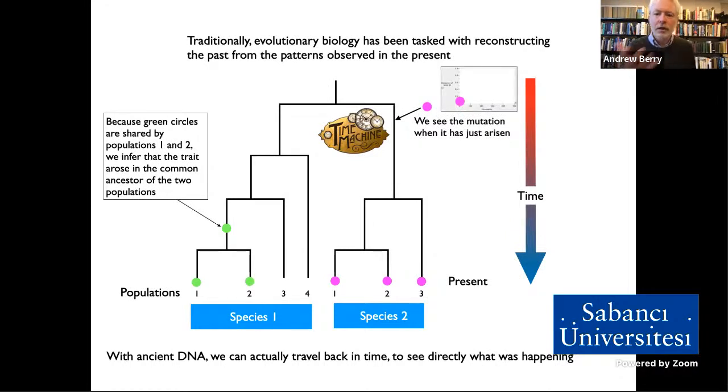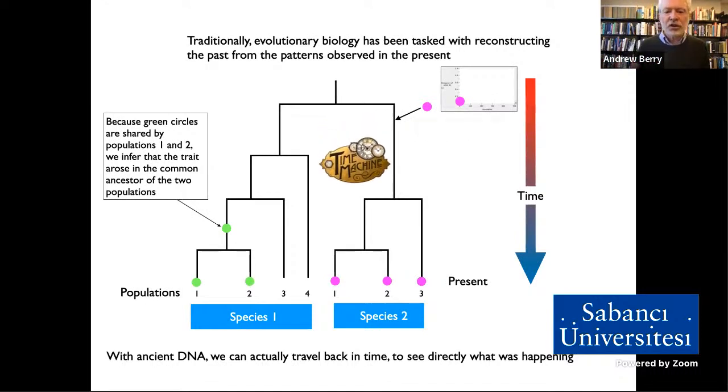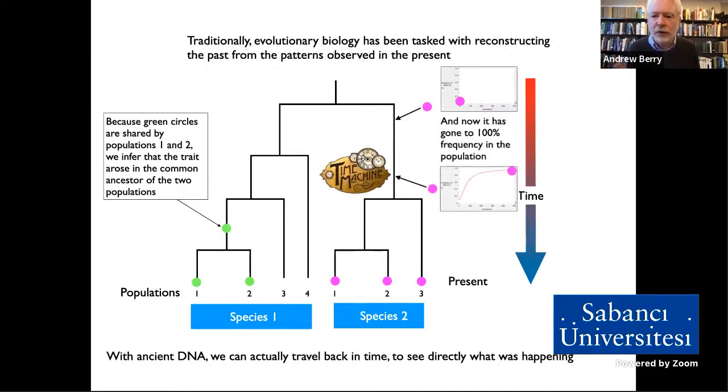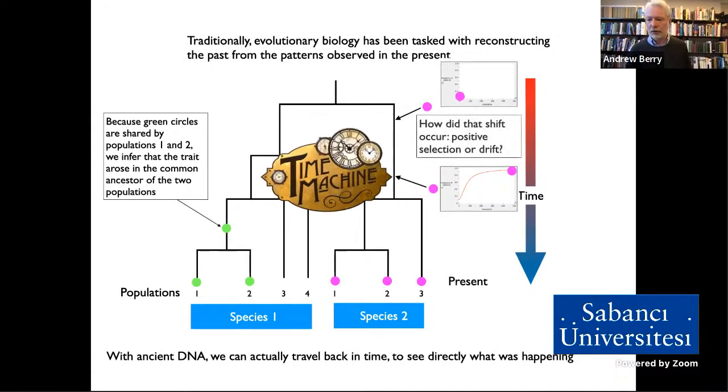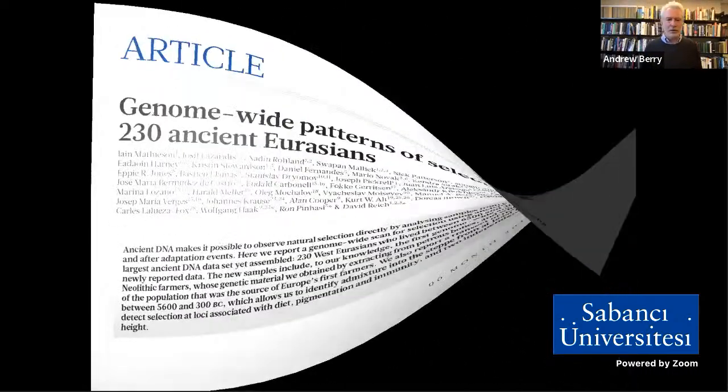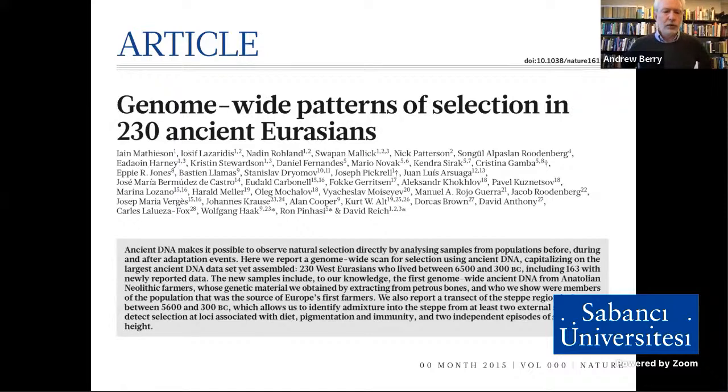We can look at our favorite allele, the purple allele, let's say, and see what's happening at different stages and in different populations as we travel through time. Ancient DNA allows us literally to track changes in allele frequencies. It's a time machine. And here's a super cool article, which was the first sort of concerted attempt to use this logic.